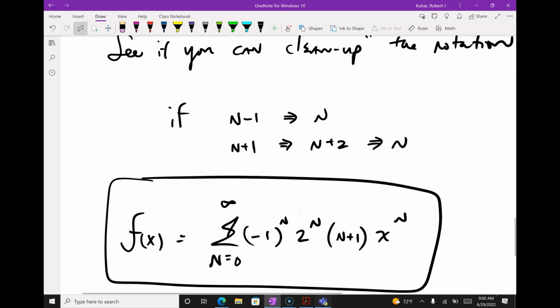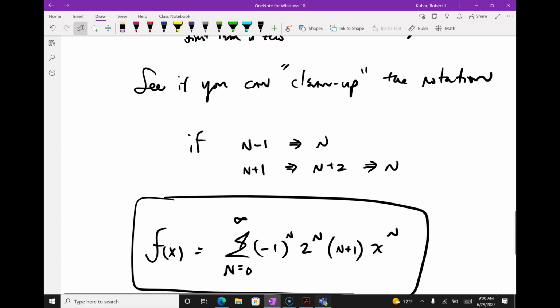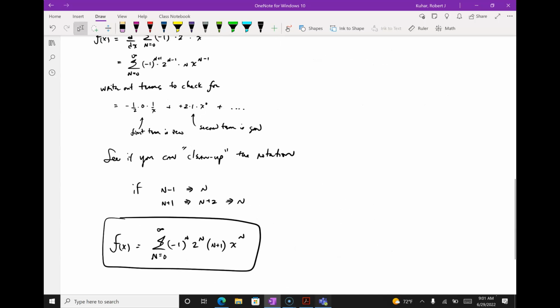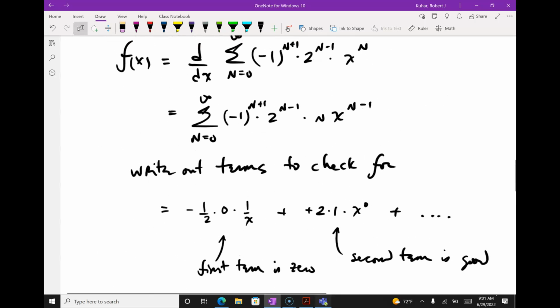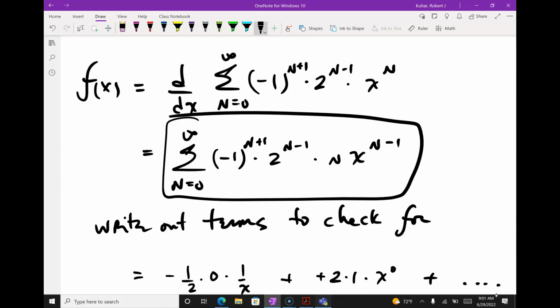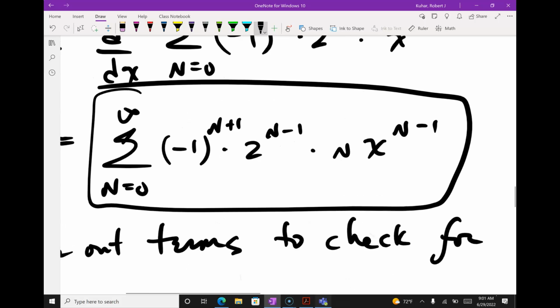If you can get it to say x to the n, do it. If you can't, no big deal. I don't care too much about it. But the thought is, and let me know if this is so, if we didn't change anything, we get to here. Anybody get there?